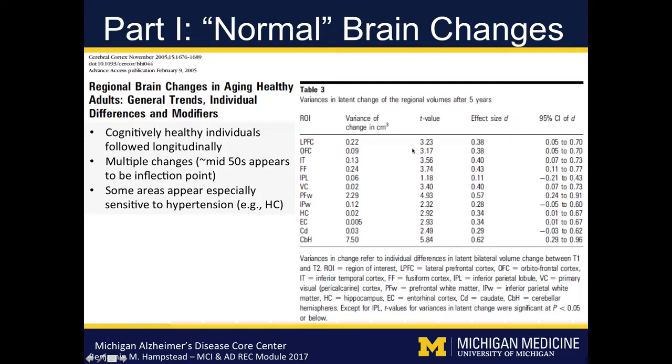If we look at this table of the different brain regions that they examined that showed change, and look at the effect size of that change, we can see that some of the biggest effects were found in the prefrontal white matter, which is basically the wiring of the brain. It allows the different brain regions to communicate efficiently with one another. Also, the prefrontal cortex changed, as well as various regions within the inferior temporal lobe.